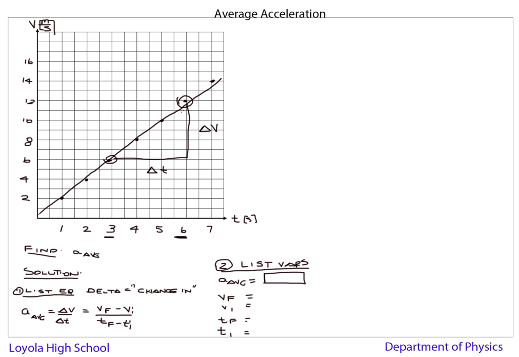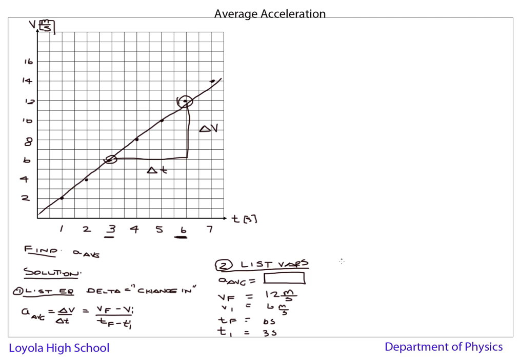My final velocity, at the point I'm talking about here, is 12, and my initial is 6. So I'm reading off the graph, 12 meters per second and 6 meters per second. And my times are 6 seconds for my final and 3 seconds for my initial.